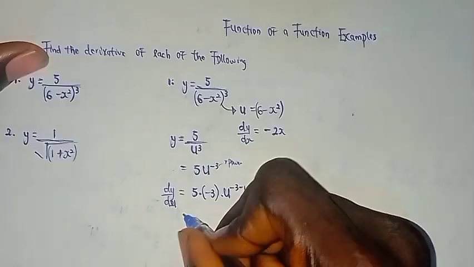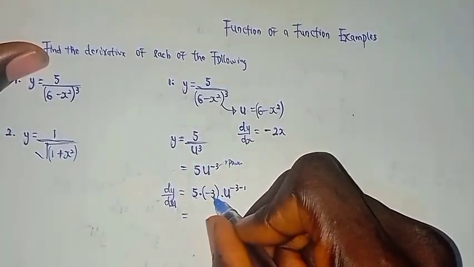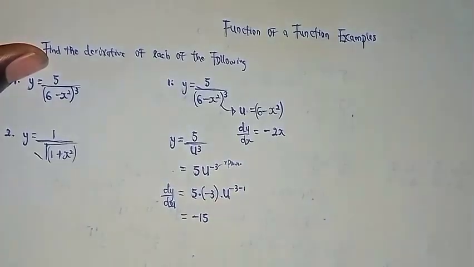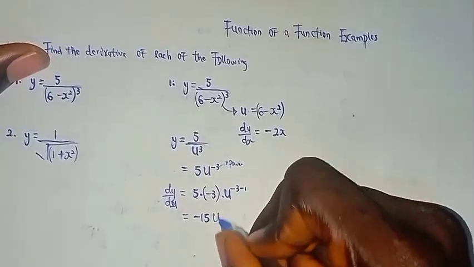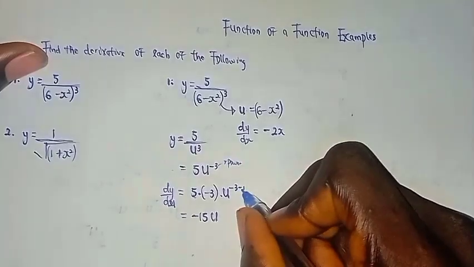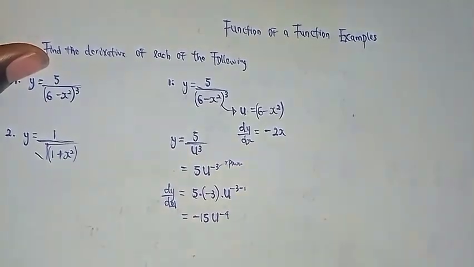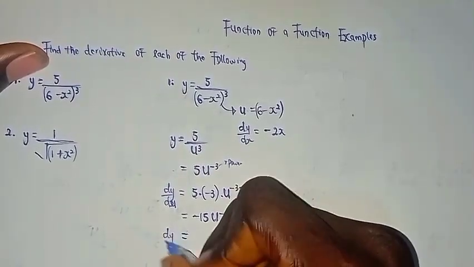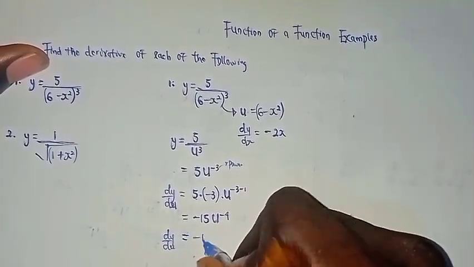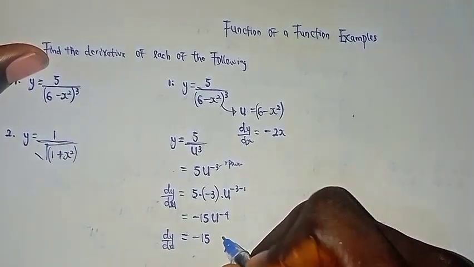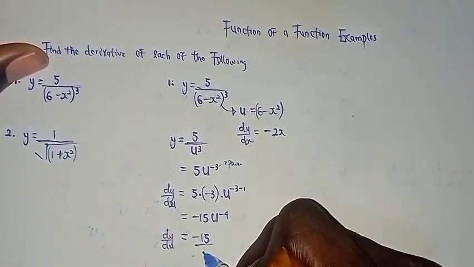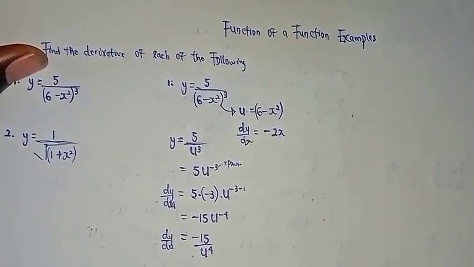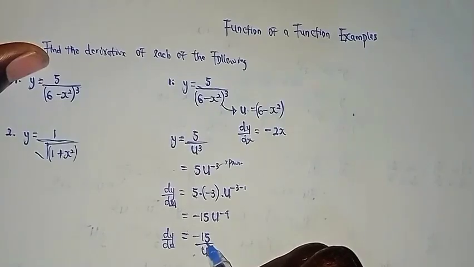So this becomes 5 multiplied by minus 3 becomes minus 15, and then we have u to the power of minus 3 minus 1, which becomes minus 4. So dy over du is equal to minus 15 all over u raised to the power of 4.